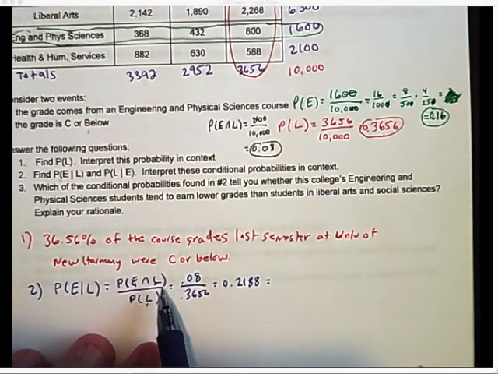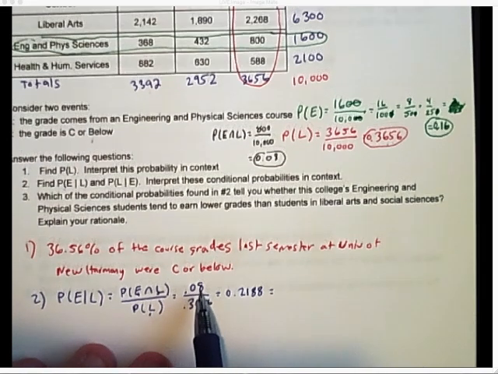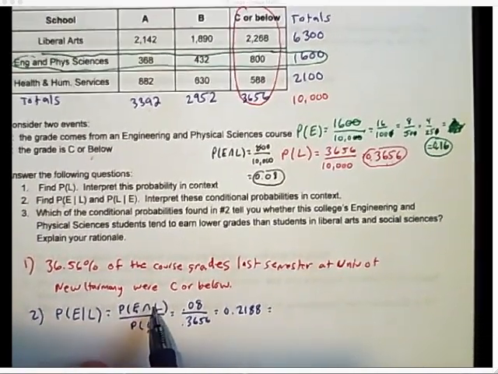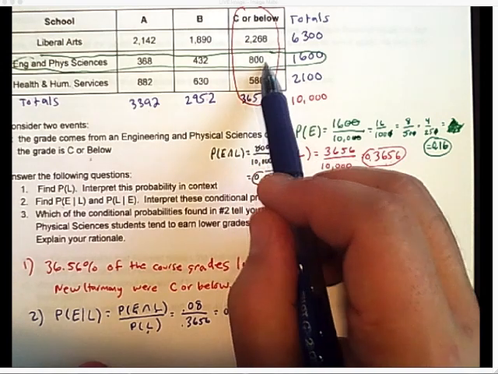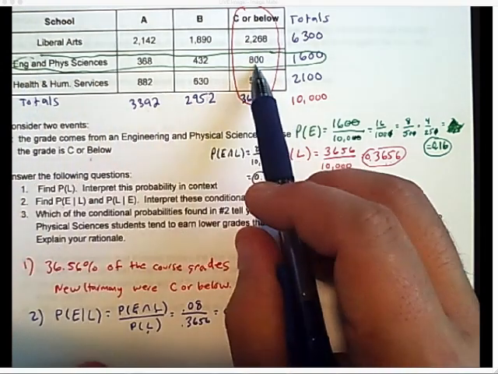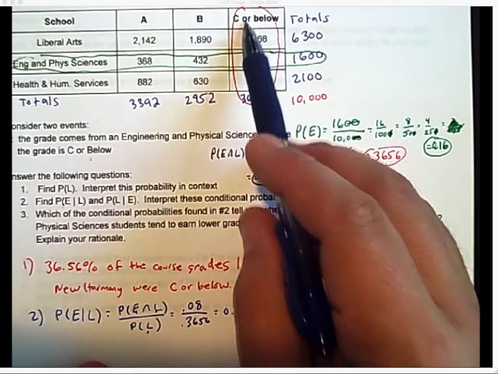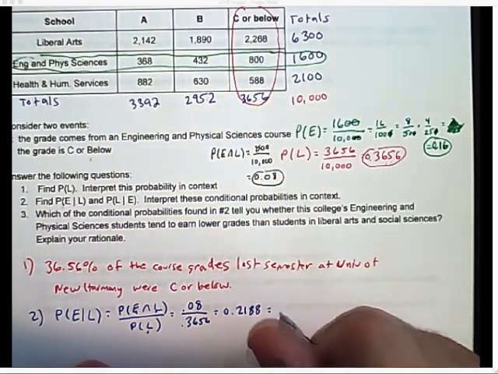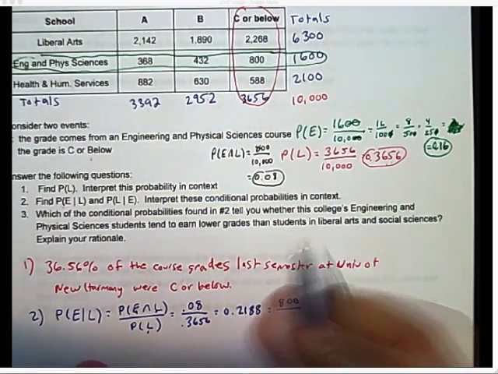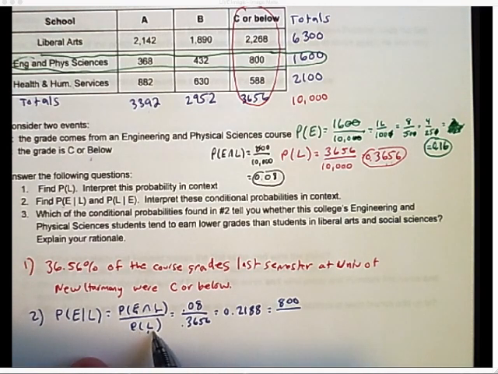Now there's actually another way to do this, just looking at the two-way table. Instead of asking yourself for percents, how many raw number of students were in engineering and physical sciences, 800, and got a C or below? So 800 of them were there. That should equal 800 over, well, how many raw number of people got a C or below?